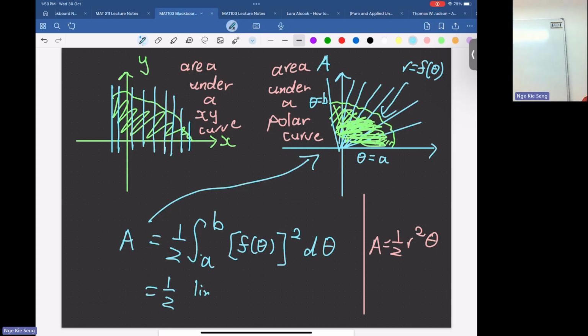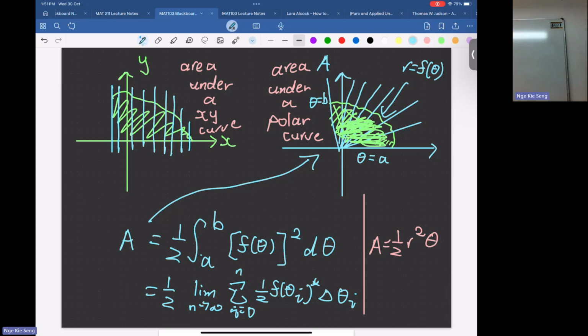So it's a limit of, let's say, the sum from i equals 0 to n of half times f(theta_i star) squared, for example. So you are taking a limit of some sum. How do we create this sum here? Any idea?